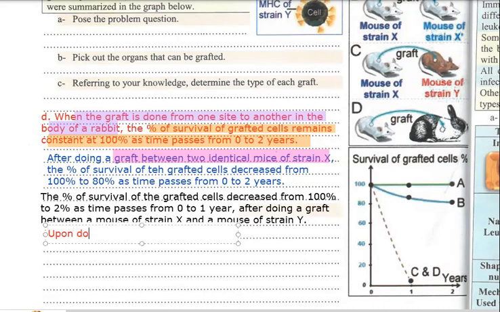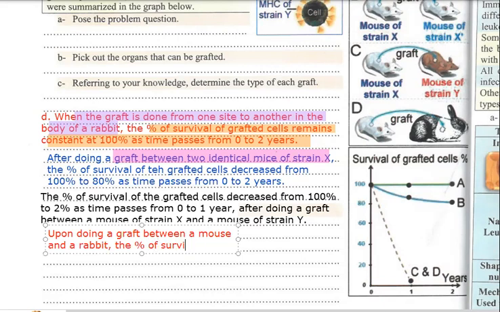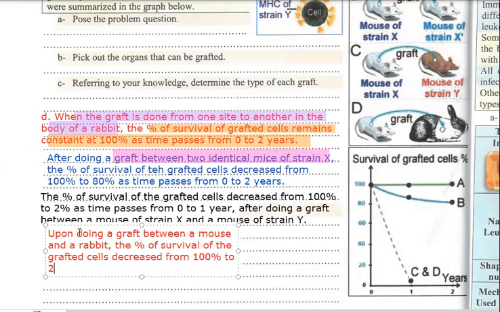Upon doing a graft between a mouse and a rabbit, the percentage of survival of the grafted cells also decreased from 100% to 2% as time passes from 0 to 1 year.